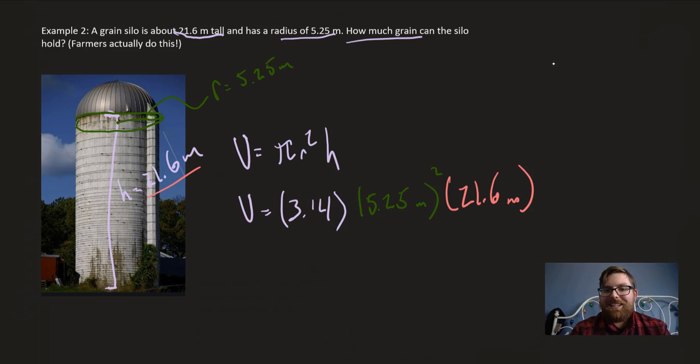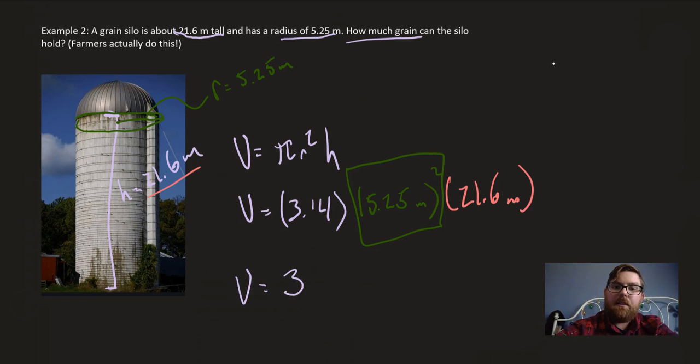That's all substituted. Now I'm going to use the order of operations to solve. Whenever we're working with volume for rectangular prisms or for cylinders, we're always going to do this squared part first, and everything else stays the same.